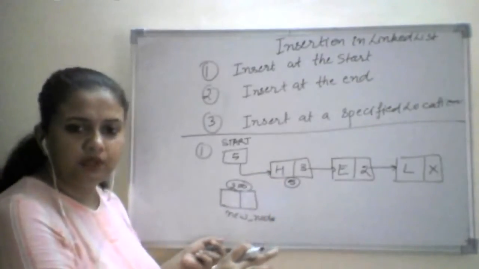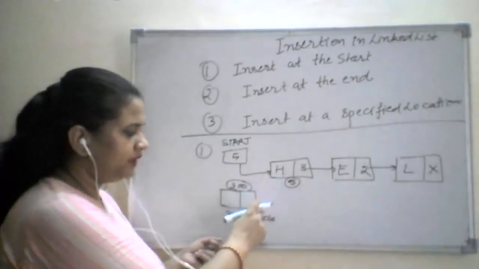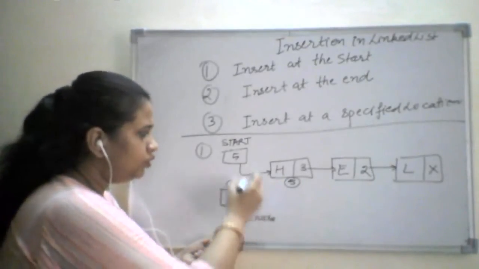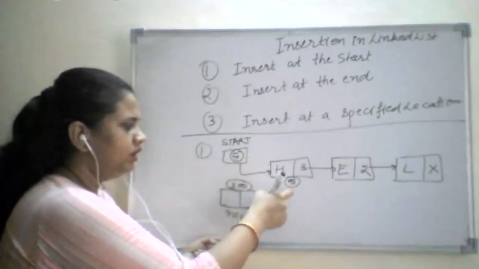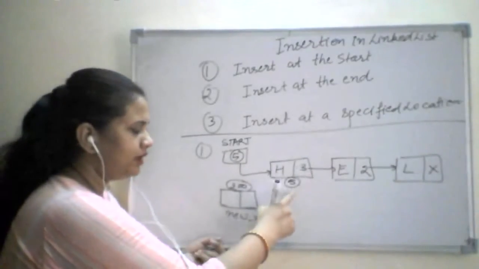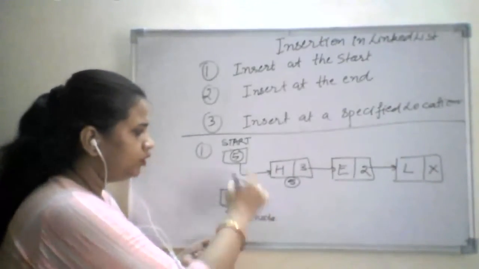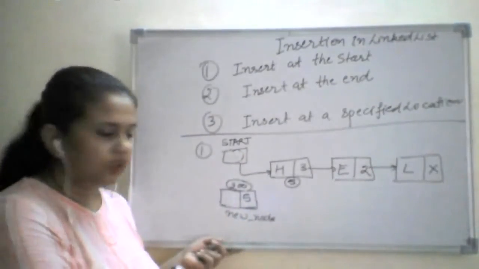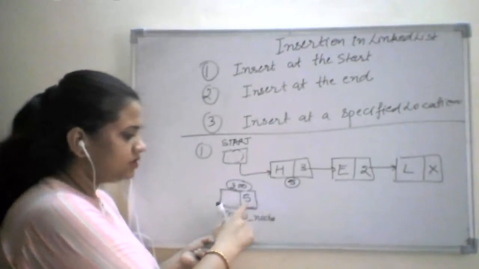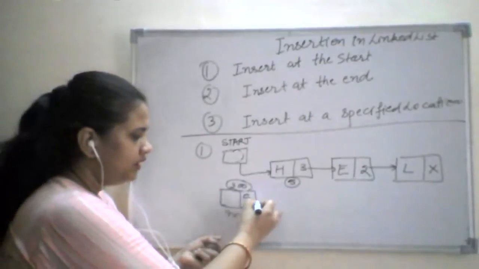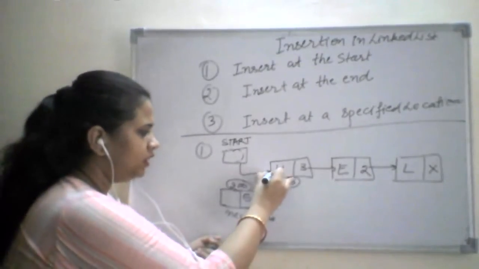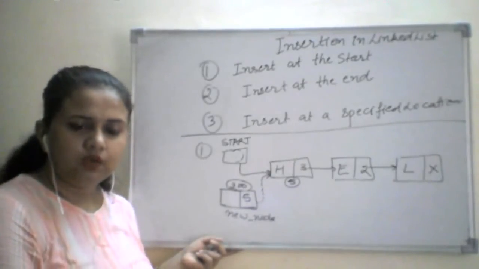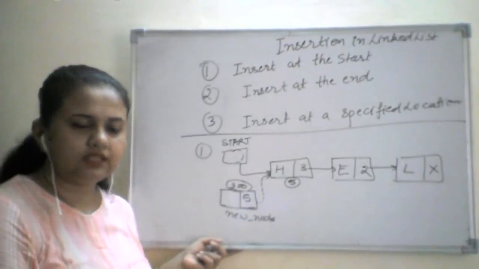How will you be able to link this node with that one? For that I need to copy the address of this node. What is the address of this node? That is 5. That address will be copied from the start pointer into this new node. Once you copy the address of this node in this node, it will start pointing towards your previously existing first node, which eventually will become your second node.